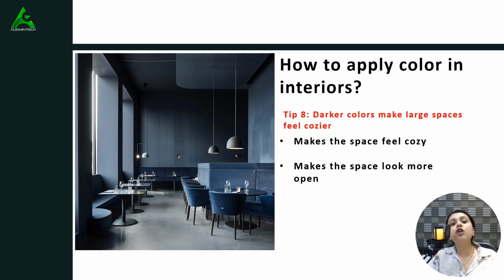And if you're using light tones, think that this is going to make my space look even larger, so do I want to do that? You might have to find ways to accentuate one wall or two walls or three walls to make it feel cozier.